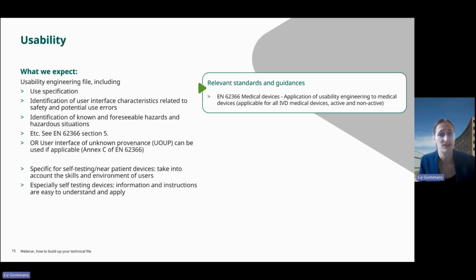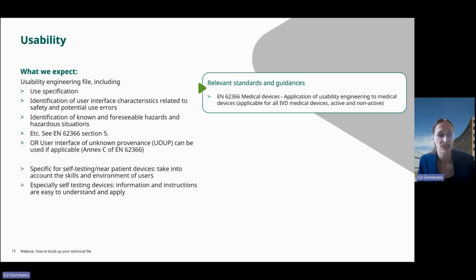I can continue to read everything, but it's best to check the ISO standard for what is expected here. If you have a legacy device, you can also consider using the UOUP, user interface of unknown provenance, which is Annex C of the ISO standard. Good to at least know that it's there; it could be useful or not, depending on your situation.